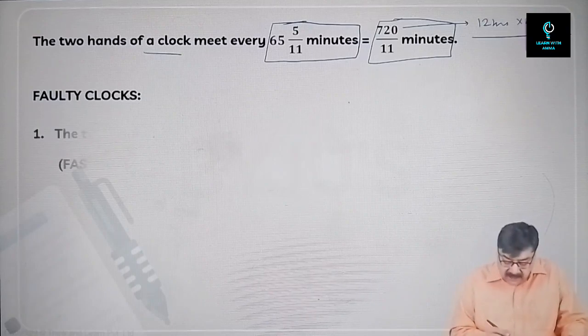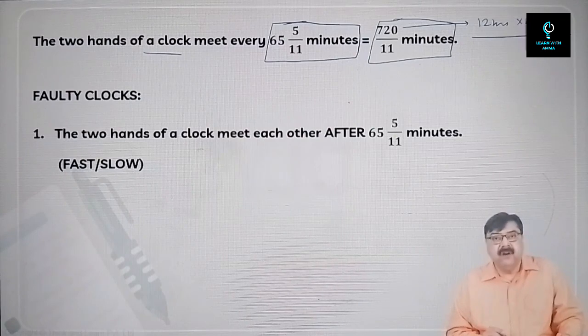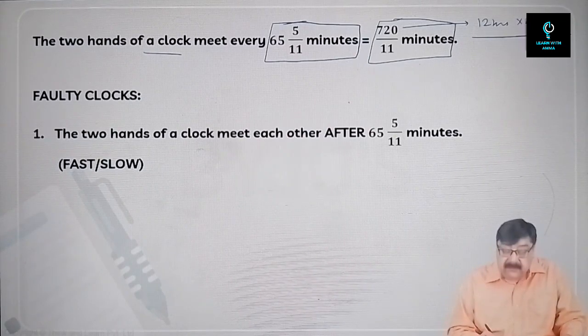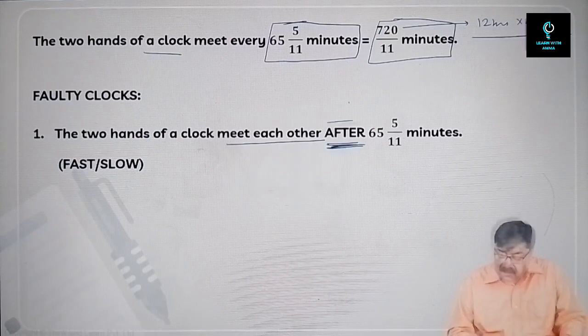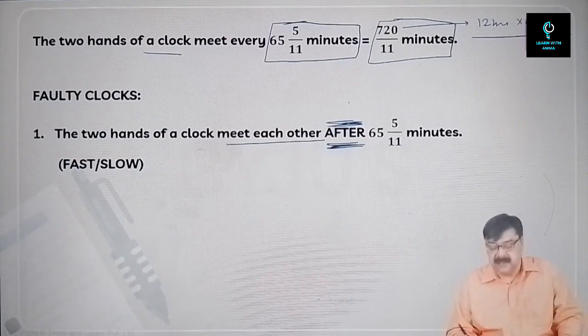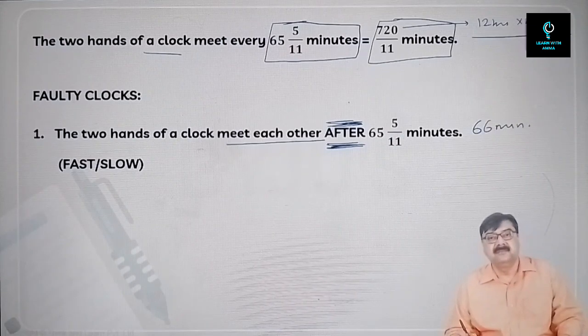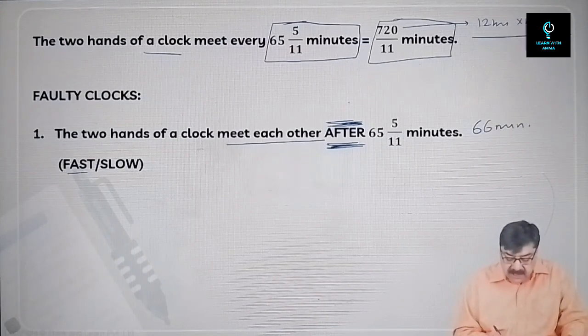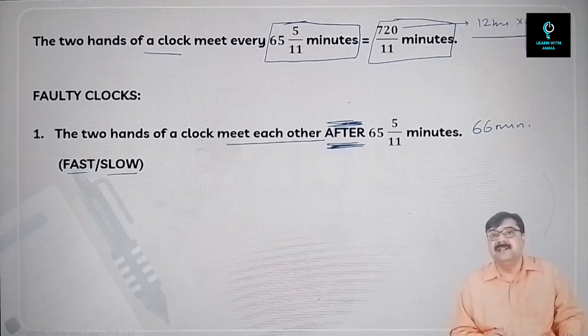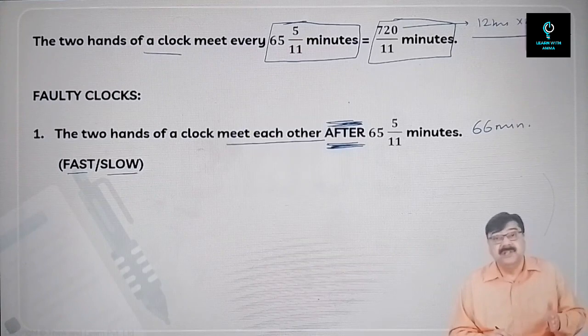So here I have a faulty clock for you. The two hands of a faulty clock meet each other after 65 5/11 minutes. That means, let us say, that they meet every 66 minutes. Now is this watch going to be fast or slow? Obviously this is going to be a watch which is slow.